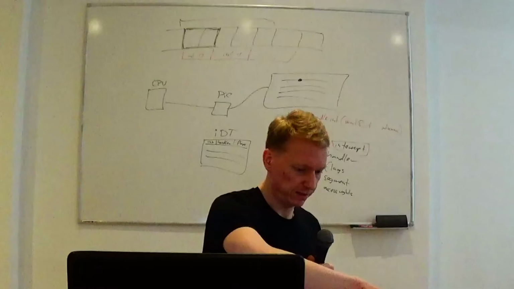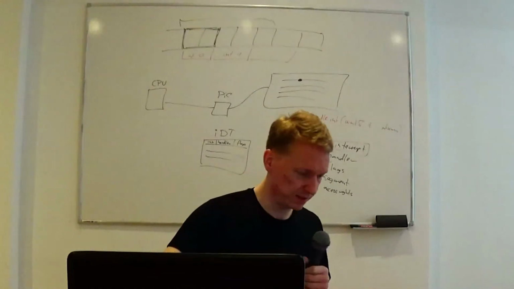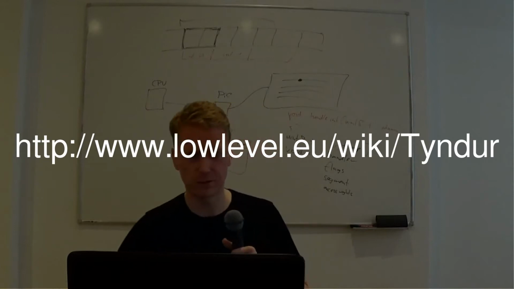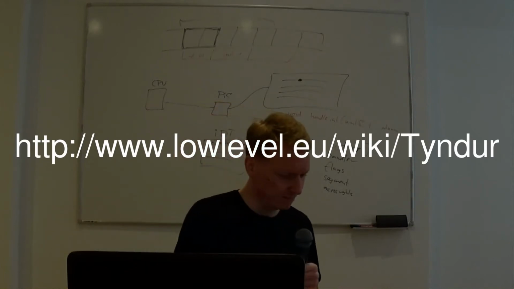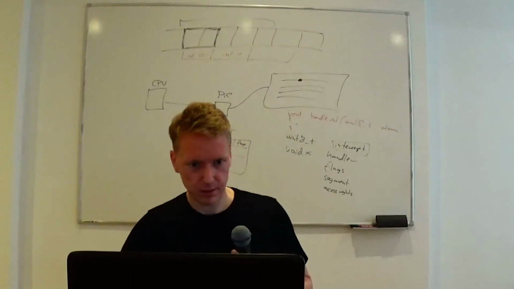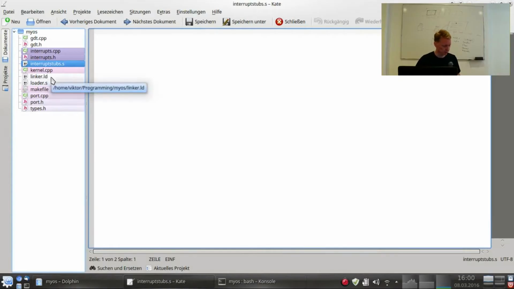Okay, so this interrupt stubs is mostly taken from the Tyndur project. I don't even know exactly how to pronounce it, but I've translated it to GNU assembler from NASM.